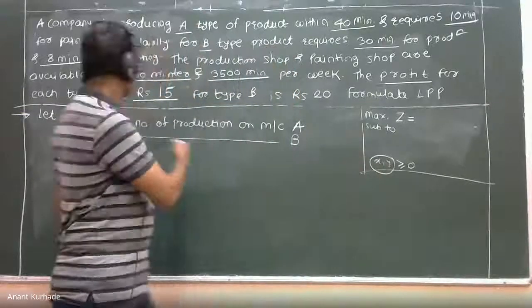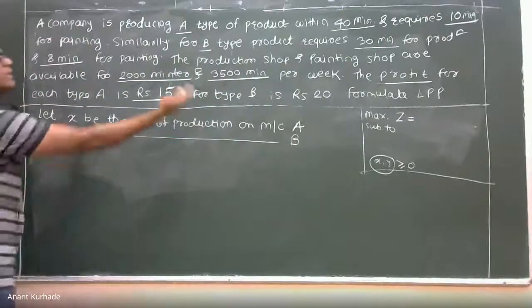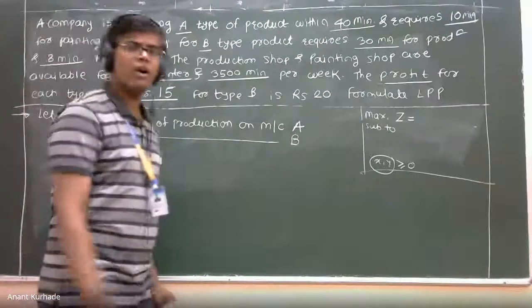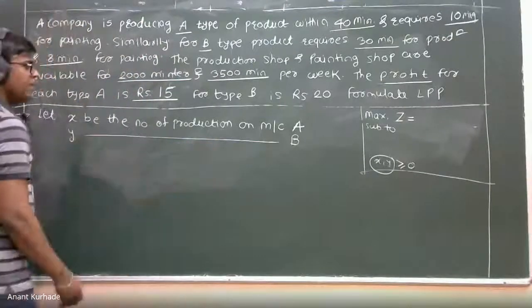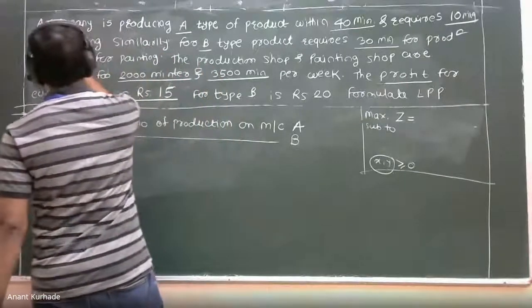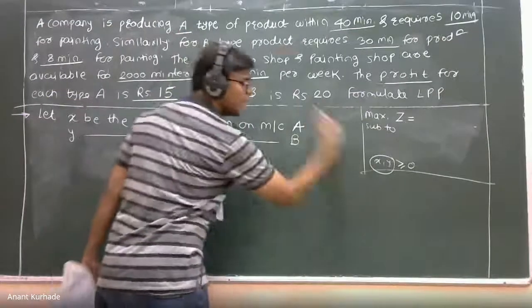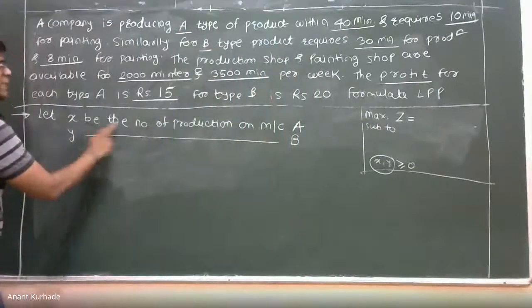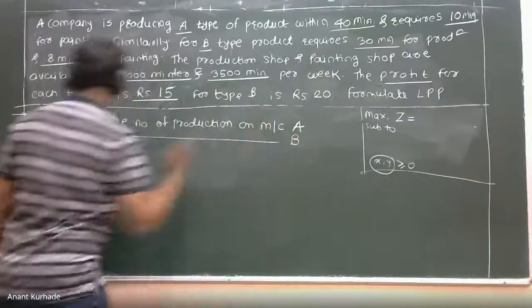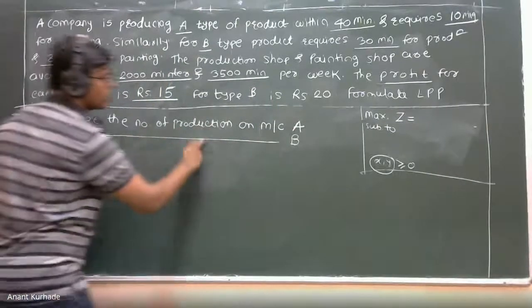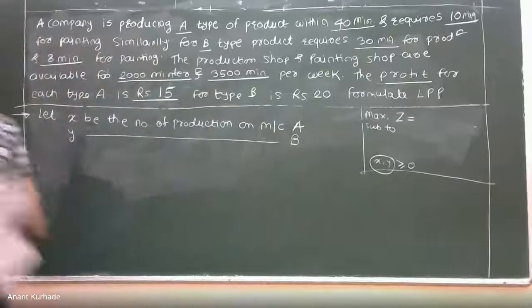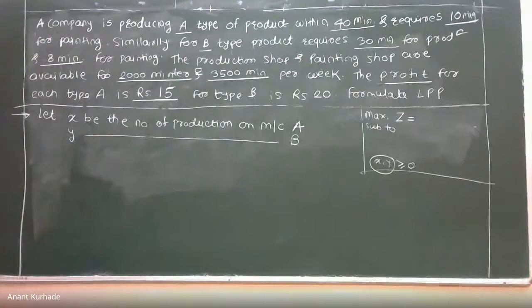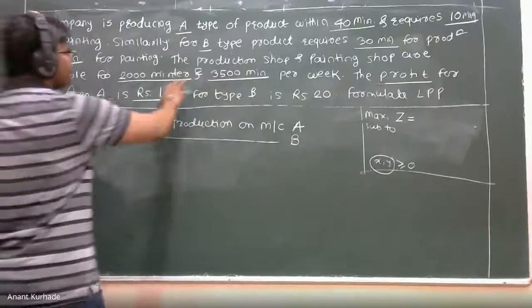Or you can write, let y be the number of production on machine A, or x be the number on machine B. But since A type is given first, assign x for A. So let x be the number of production on machine A and y be the number of production on machine B. Up to this it is fine.